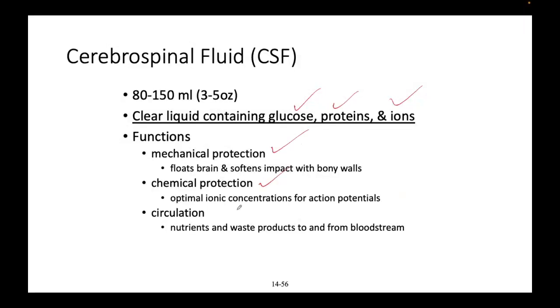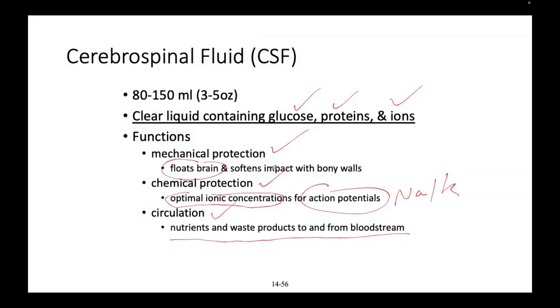It's involved in mechanical protection, chemical protection, and circulation, nutrients and waste products to and from the bloodstream. In terms of chemical protection, ionic concentrations. Remember, we talked about sodium and potassium for action potentials. And in terms of mechanical protection, it helps to buoy the brain, right?